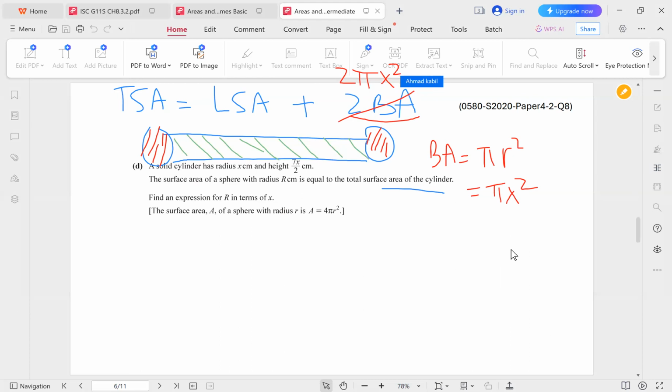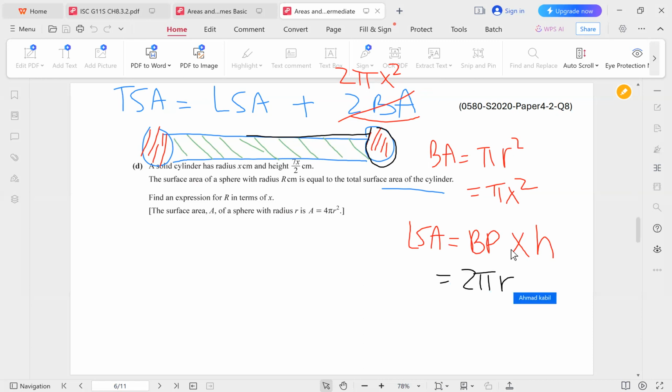What about the LSA? The LSA is obtained by base perimeter times height. And again, the base perimeter here is the perimeter of a circle, or the circumference of a circle, multiplied by the height. So the base perimeter is 2 pi r and the height is h. And we substitute the given values.